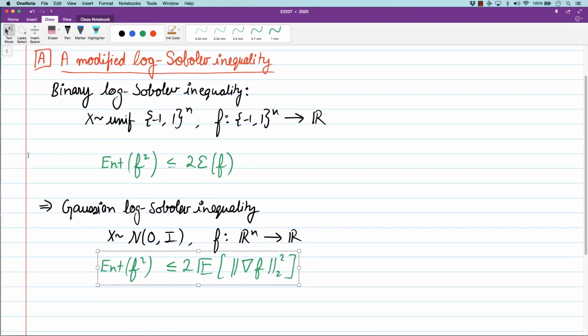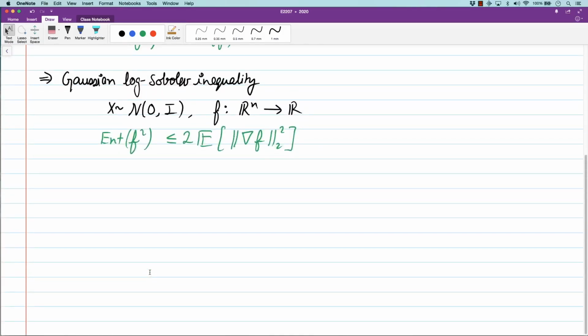So in the first part of this lecture, we'll derive a modified log-Sobolev inequality which extends both of them to general random variables. So here is our modified log-Sobolev inequality.